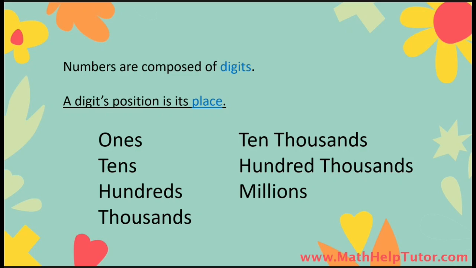Here you can see the different places of a number up to the millions place. They are the following. We have ones, tens, hundreds, thousands, 10,000s, 100,000s, millions, and so on. These are what we call places of a number's digits, and they are arranged in a specific order.